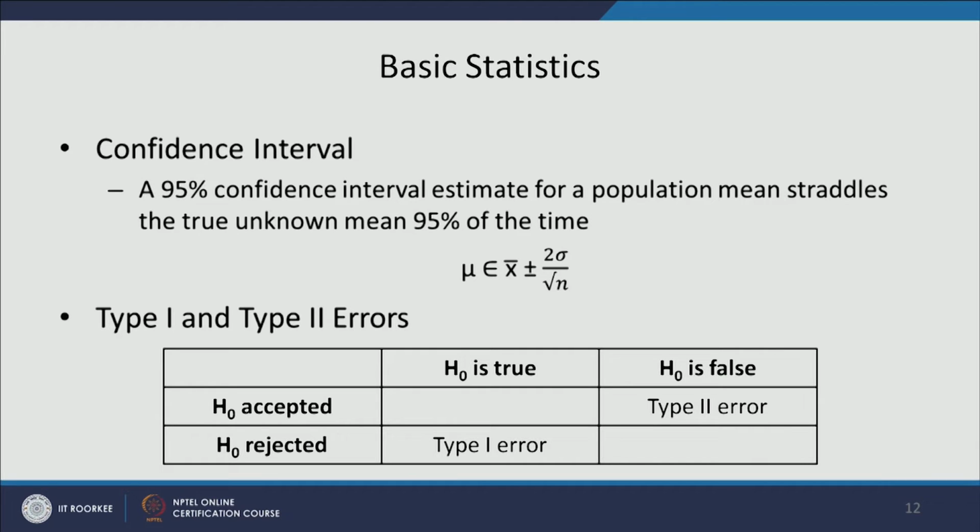A type 2 error occurs when the null hypothesis is false, but using our statistical test we accept the null hypothesis. The other two are the correct outcomes: our test accepts the null hypothesis and it is true, or our test rejects the null hypothesis and it is false.